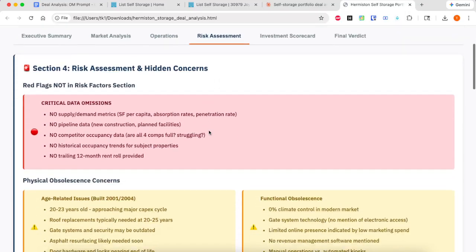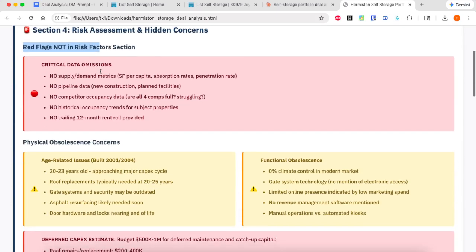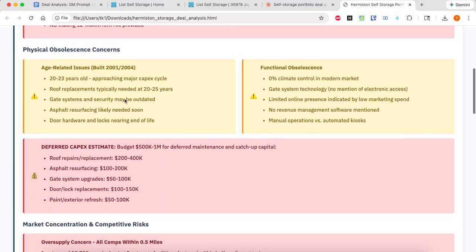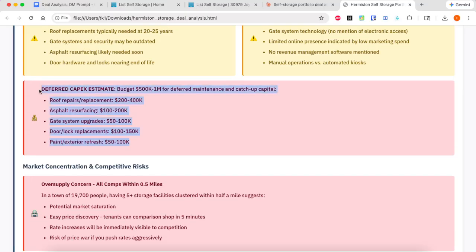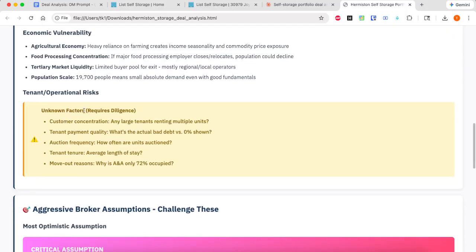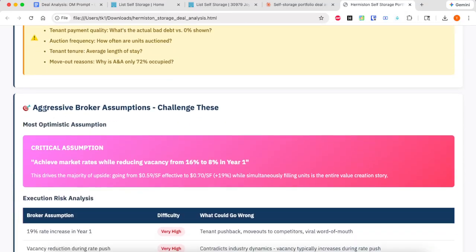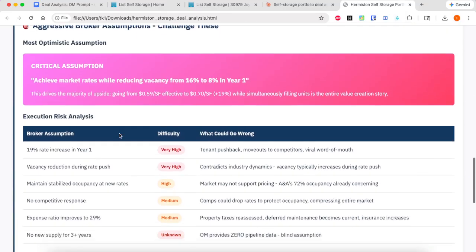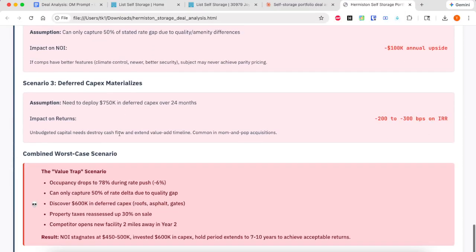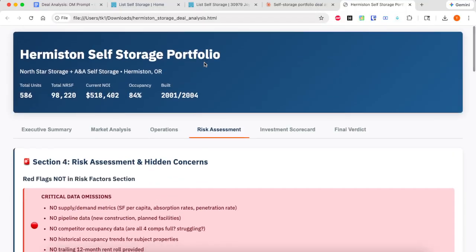Then risk assessment, so red flags: no supply, no construction data or occupancy data from the competitors, age-related issues, deferred maintenance, that's always a big one with older facilities, and then oversupply concerns, tenant information, and challenging the assumptions. That's great. So again, this is just a game changer.